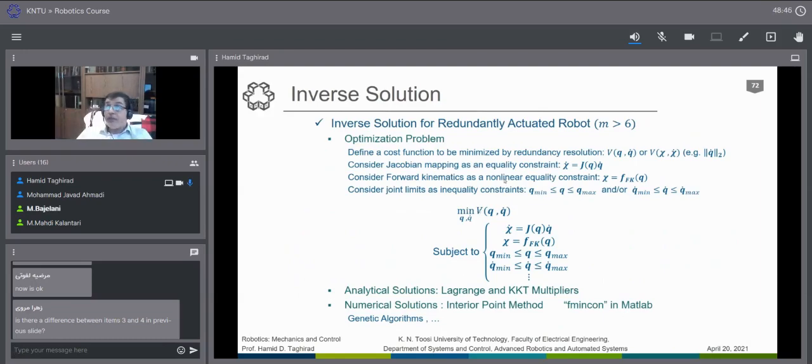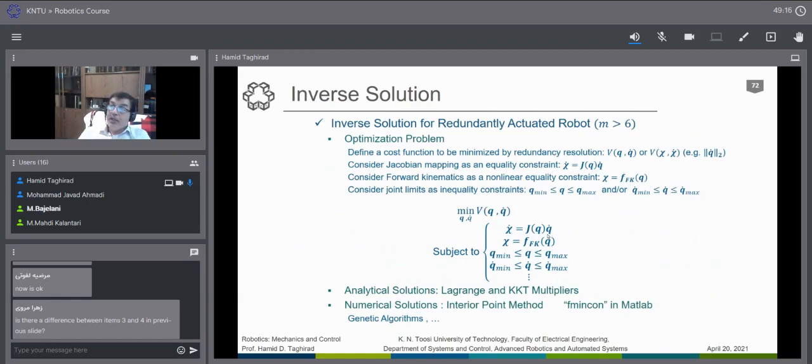Of course, not only should we optimize that, we should handle the kinematic problem correctly. What does that mean? We should have these 2 particular equations satisfied, meaning that x dot or chi dot should be the Jacobian times q dot. The relation between q and x should be determined by the Jacobian.